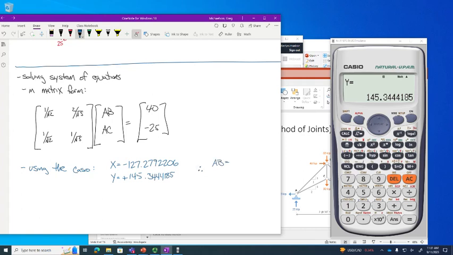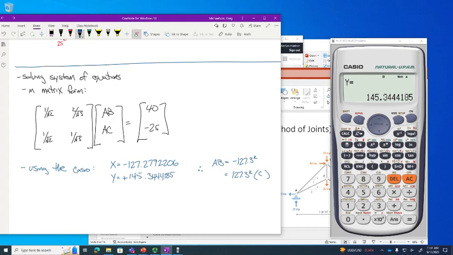AB is negative 127.3 kips, or 127.3 kips in what? Compression or tension? Compression. And it's in compression. Why is it in compression? Because it's negative, and we assumed that all the forces were in tension. So if it's negative, it's in compression.